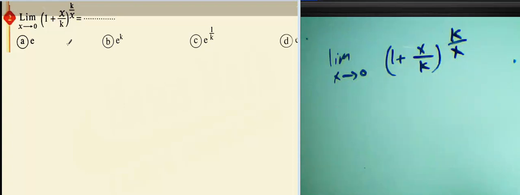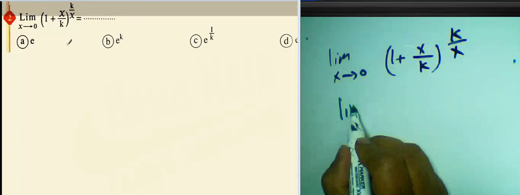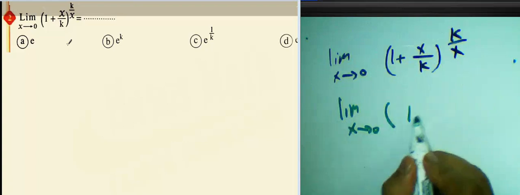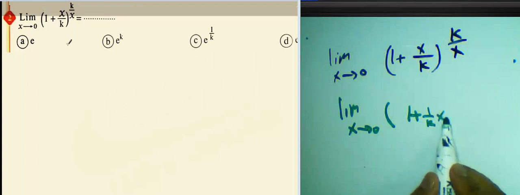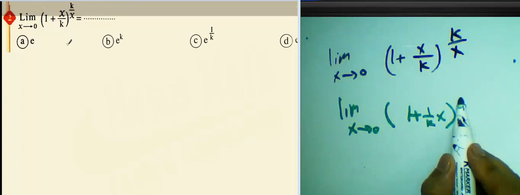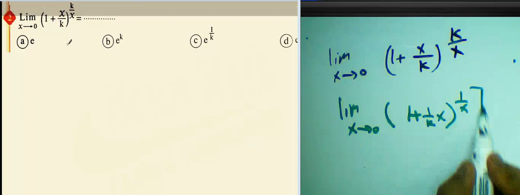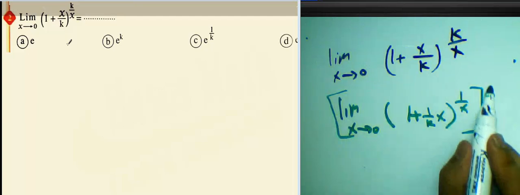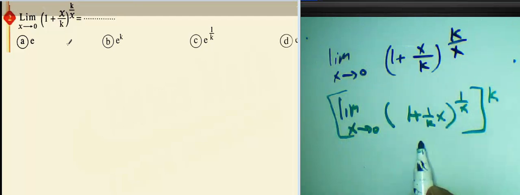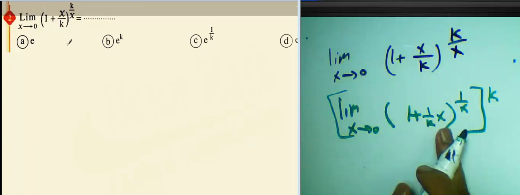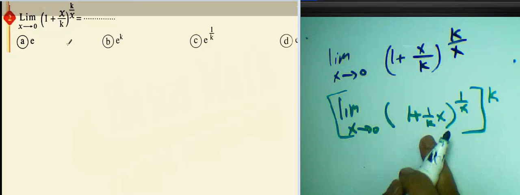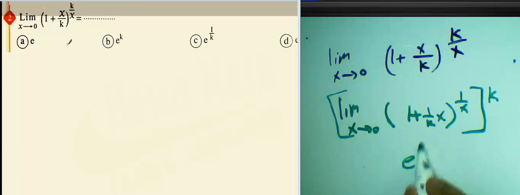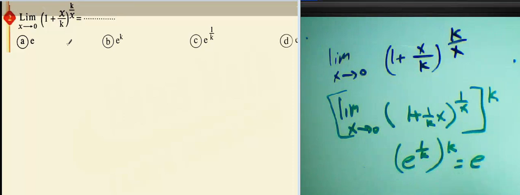Thinking with me here, we can write it as (1 plus 1 over k times x) all power 1 over x, all power k, and this (1 plus 1 over k x) multiplied by 1 over x will be e power 1 over k, multiplied by the power k here. The result will be equal to e.